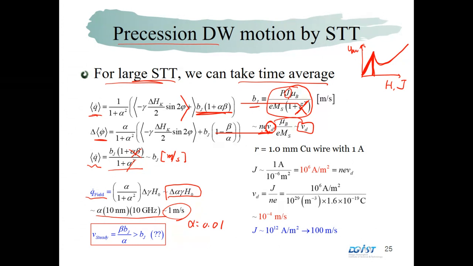Let's think about that. Radius is 1 millimeter copper wire. Which one is the typical wire we are using in our everyday life? And let's think about just 1 ampere of current.